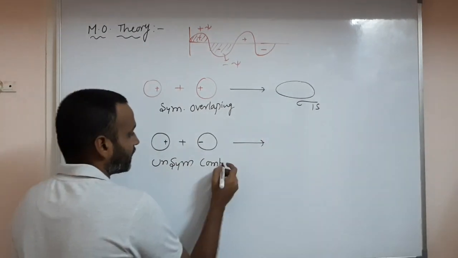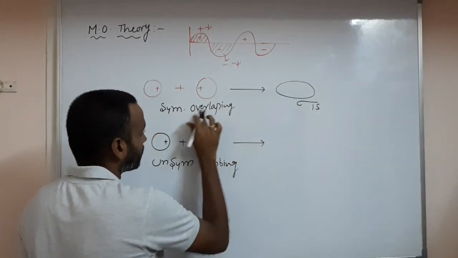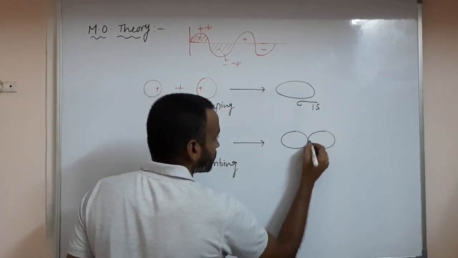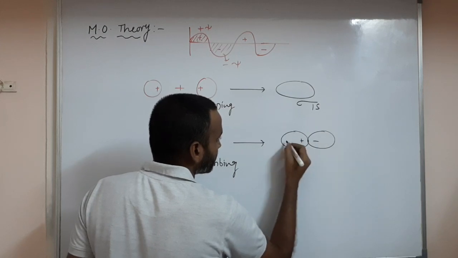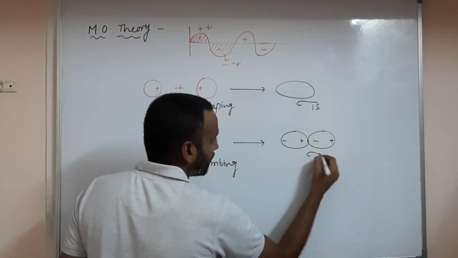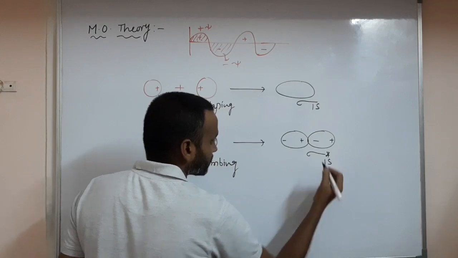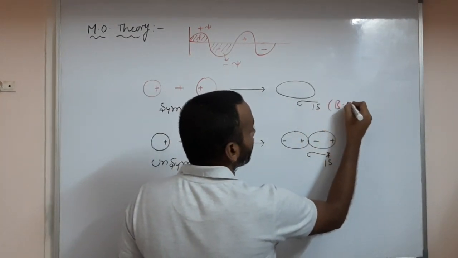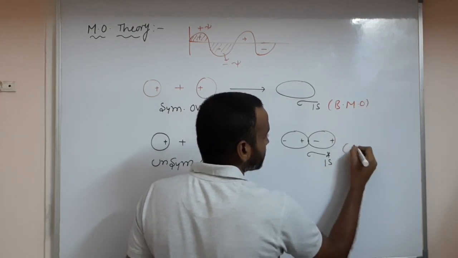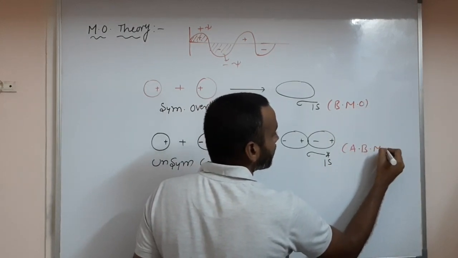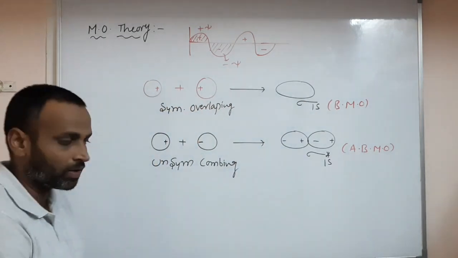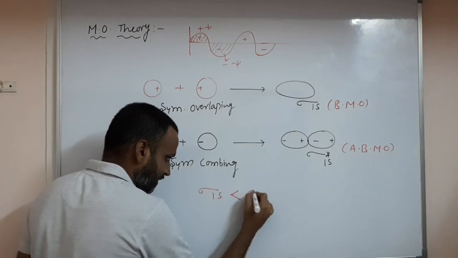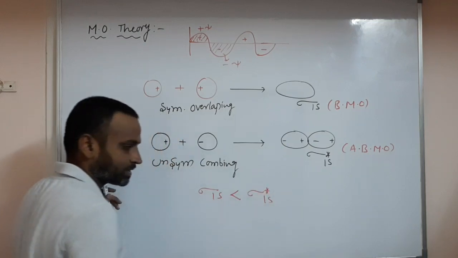So this is now plus and minus, and this is called sigma star 1s. Why am I telling this? This is called the bonding molecular orbital, and this is the anti-bonding molecular orbital. Always remember, sigma 1s has less energy than sigma star 1s.